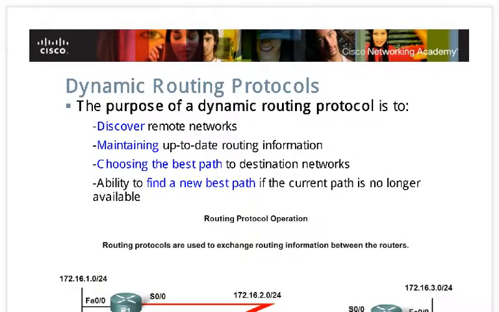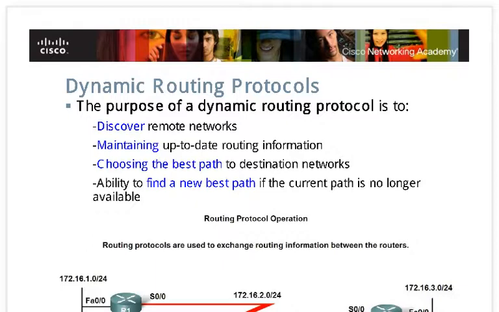The main functions. So the purpose of the dynamic routing protocol is to discover remote networks. And the word discover here is accurate because through exchanging the information, you have to know that first of all, you exchange information between you and the neighbor and the neighboring routers. Okay? Based on this information, first of all, you discover that there is a new router next to you. Okay, so if a router sends you information, so the first piece of information that we get is that this router is there.